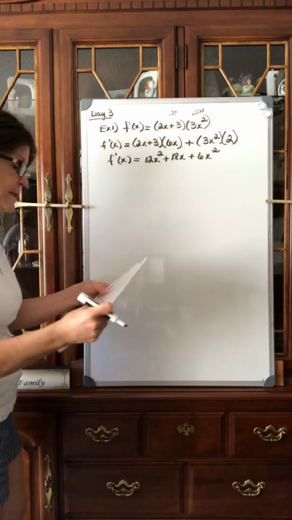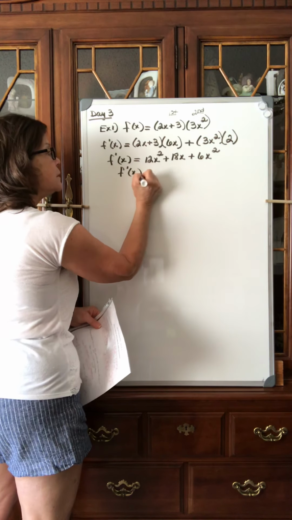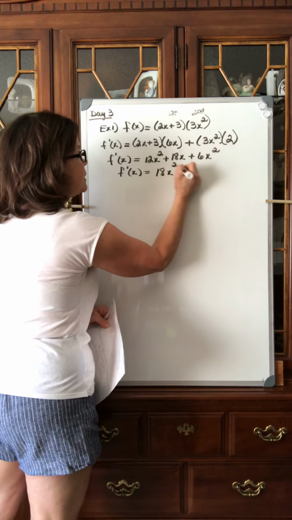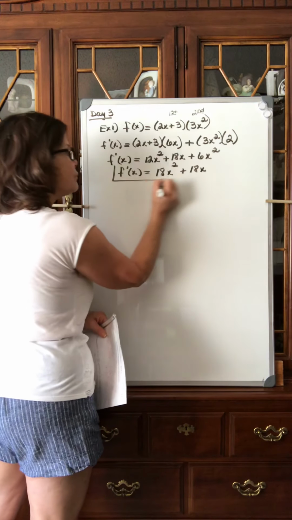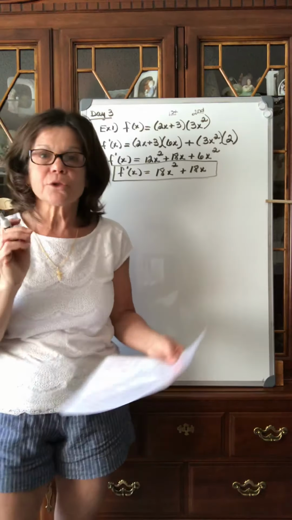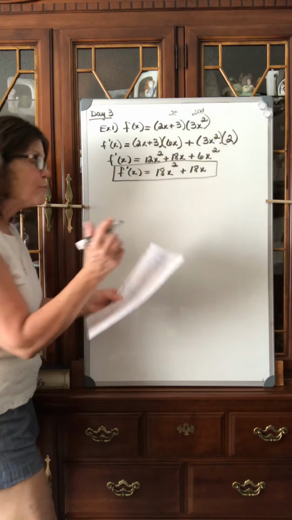Combine like terms. The first derivative of this function using your product rule is 18x squared plus 18x. Okay, that was a real easy first example just to get you understanding the derivative of the first times the second. Now the second example is a lot more involved.